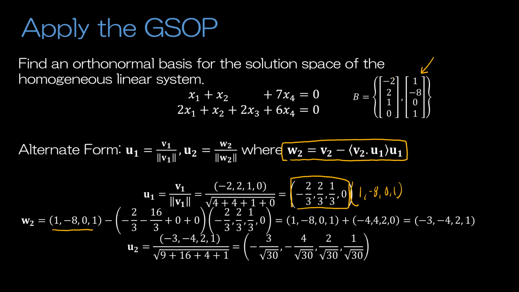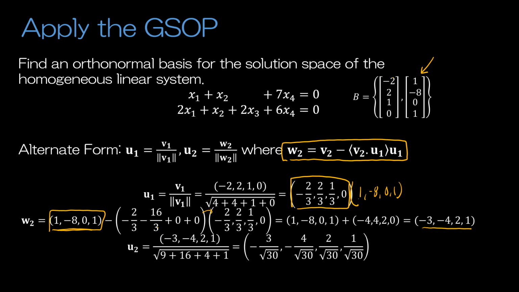And that gives me negative 2/3, negative 16/3 plus 0 plus 0, which gives me negative 18/3, which is negative 6. So really I'm taking this vector times negative 6, and then adding that to 1, negative 8, 0, 1. And that gives me 3, negative 4, 2, 1.